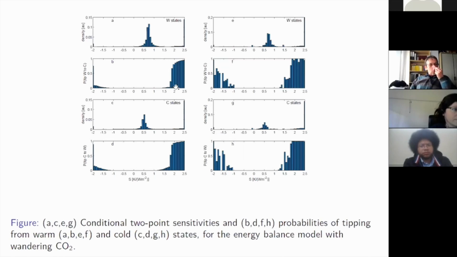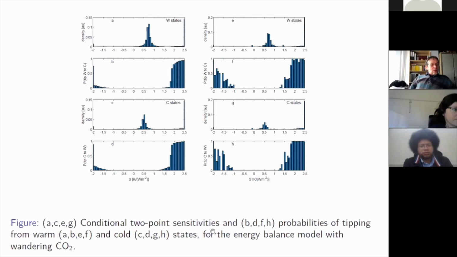You can see that almost all of that is in the extremes. It's not only in the extreme positives, but also in the extreme negative sensitivities. If you consider the case where both states are in the cold regime, we also get something that's nicely constrained, but the mean is different. And then this is tipping the other way, from the cold to the warm.